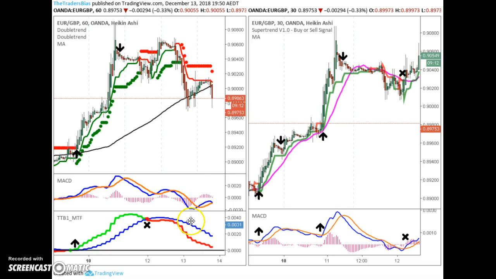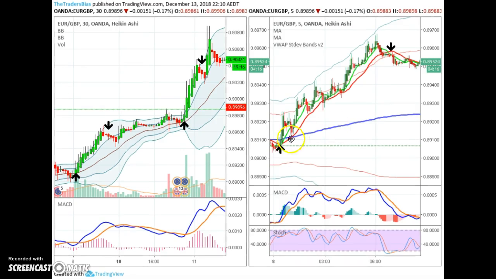So this is the two. This trade, this leg here, but there were two trades here. That's one long trade there, and that's another long trade there. Now when you go to the intraday, it's much easier to see.